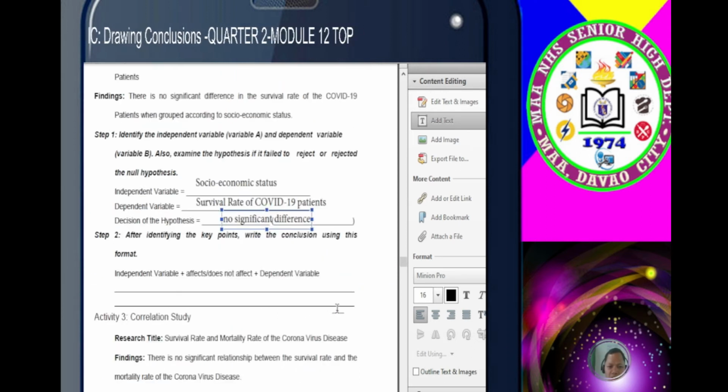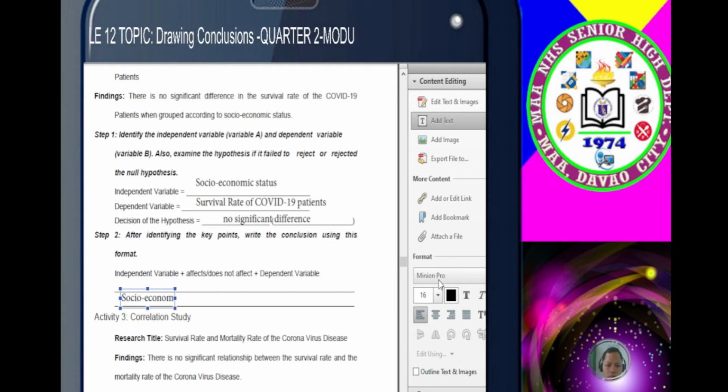Then step 2, identifying the key points, write conclusion using this format: independent variable plus affect or doesn't affect the dependent variable. Okay, so we can now write our answer using this pattern. Socio-economic status.